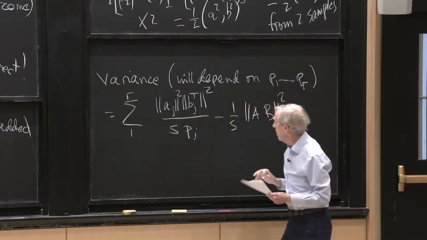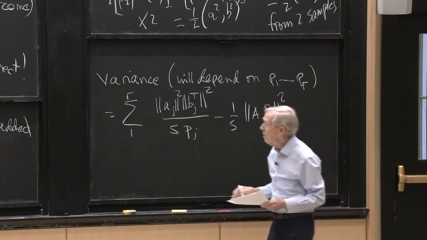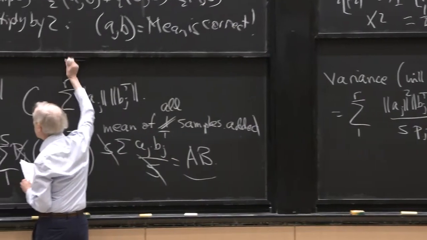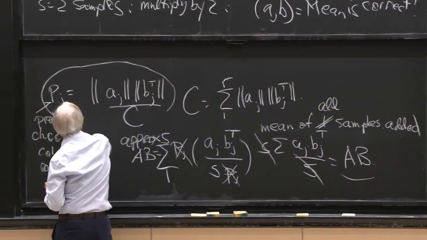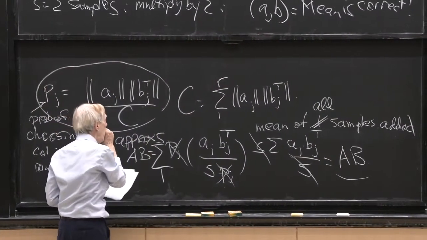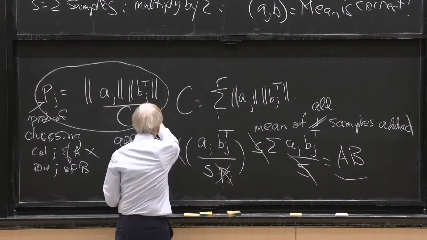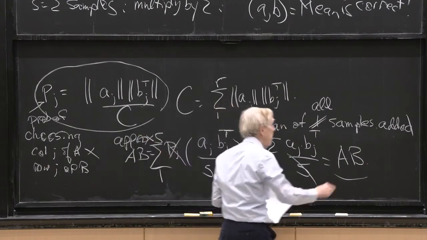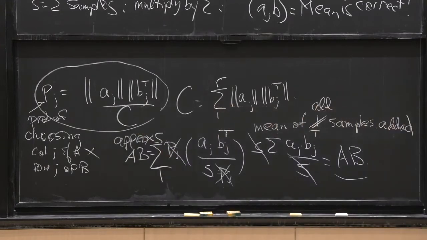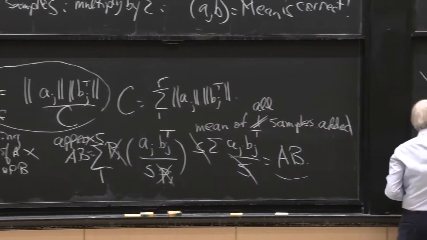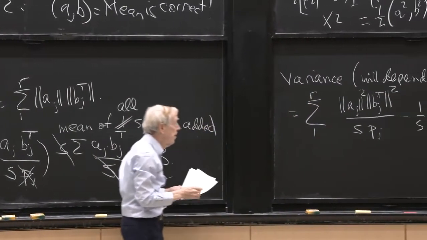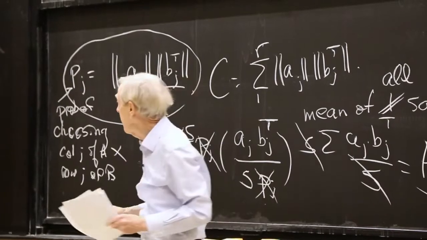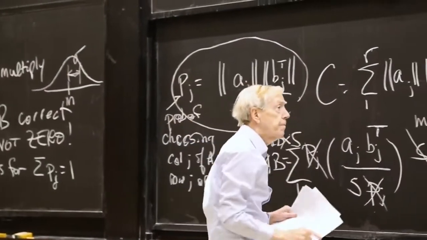Okay, so I have to plug in for that PJ, and we decided what PJ was going to be here. So when I plug that in the denominator, it will cancel one of these, and I'll just have a sum of AJ, PJ, BJ norms, and what's that is C.